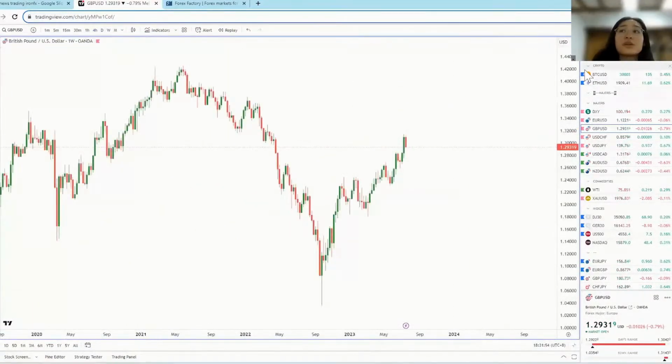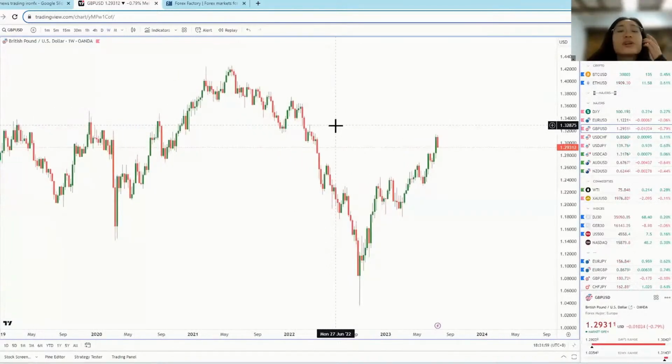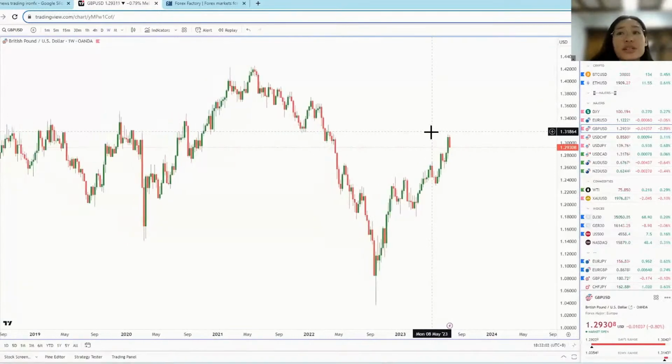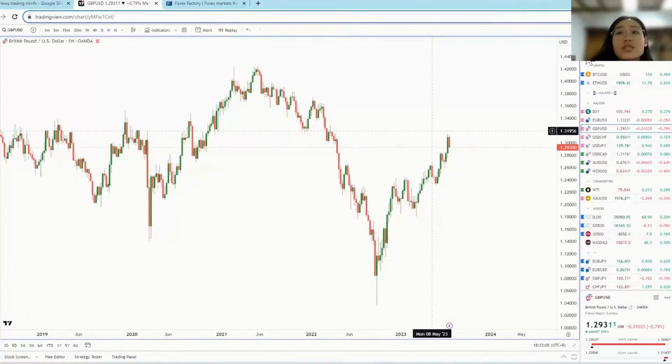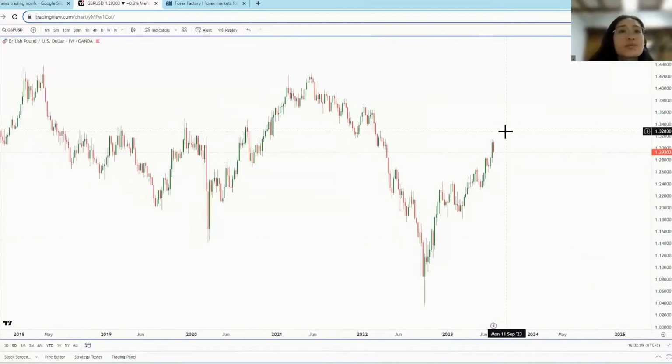Okay, before we analyze on the 4 and 1 hour time frame, we'll first take a look at the higher time frames, just so that we get a general direction of where prices are headed.